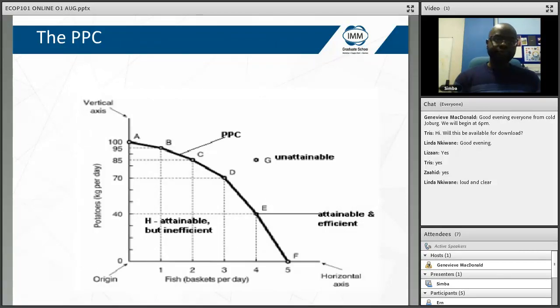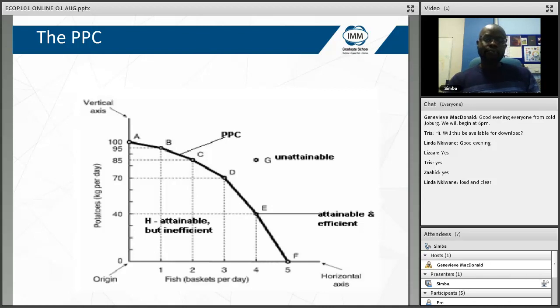The first thing that we're going to look at is our PPC. What is important for you is basically to understand the definition. If you understand the definition of a PPC, then it will become easy for you to understand the whole concept.